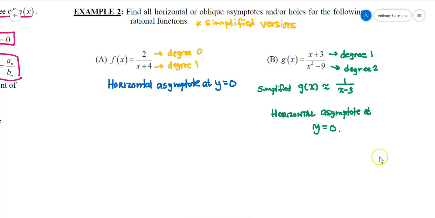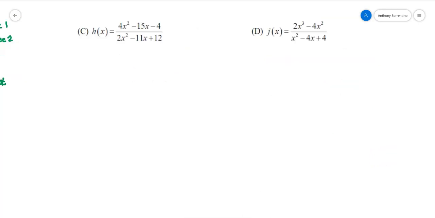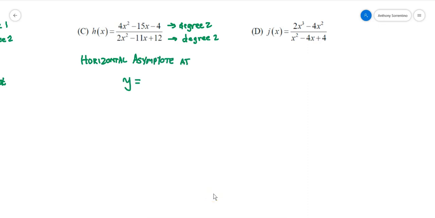Moving on to C and D. For C, h of x, I can see here the top is degree 2, the bottom's degree 2. I'm going to have a horizontal asymptote. The thing is, I have to come up with what that horizontal asymptote is going to be. Well, according to the rules we discussed before we got into this example, it's going to be a ratio of the leading coefficients.